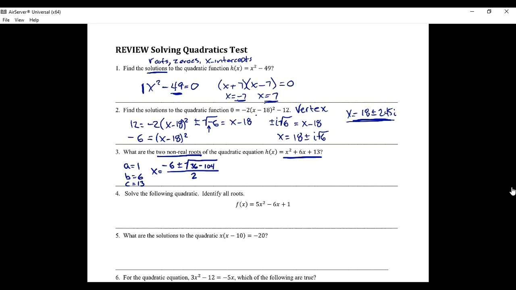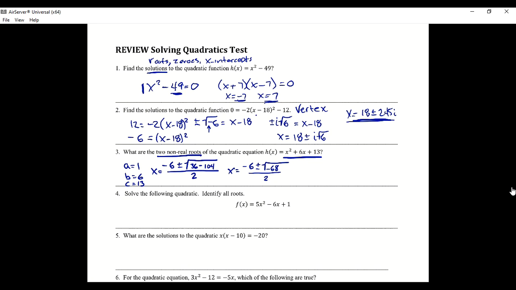So if we go to our handy-dandy calculator in a second, let's go ahead and simplify this a little more. x equals -6 plus or minus the square root of 36 minus 52. So that's -16.